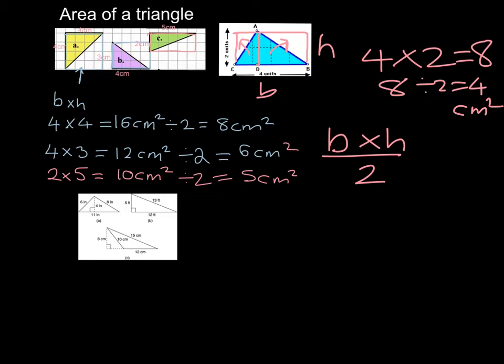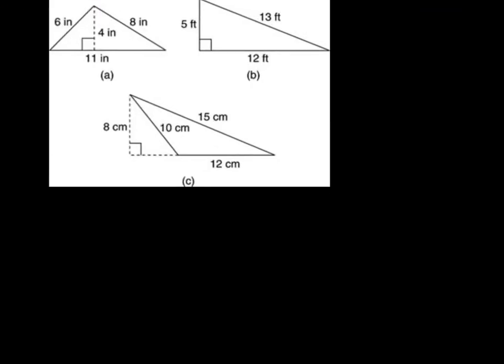Now if we take all the squares away and have a look at these final few questions, sometimes in the exam you could be given more information, and it's about just locating the base and the height. So the base of the first triangle would be 11, and then just find the height. You can either do that just by looking at it, or imagine it in a rectangle.